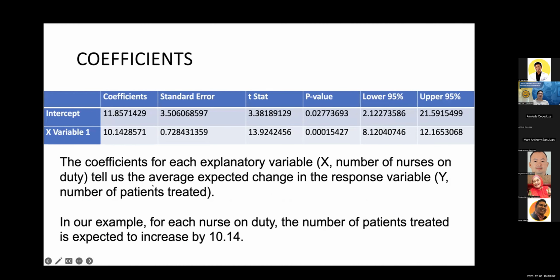So your coefficient, what is important is the x variable, not the intercept. So you take a look at the x variable. That means positive 10. So meaning to say, there is a strong relationship going on with this data. Okay, please go ahead, Doc Joe.